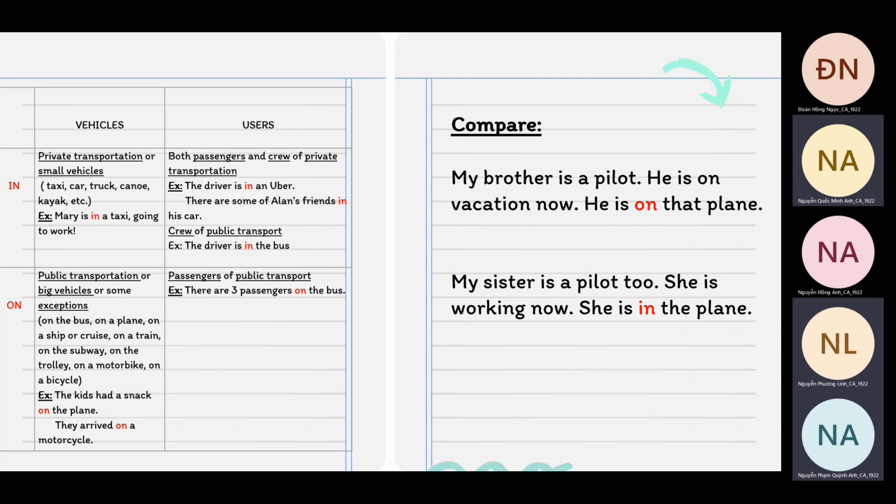In the first sentence, the pilot on the plane is actually a passenger. He's off duty. But in the second sentence, my sister can be the captain or the co-pilot in the cockpit, which means that she is on duty. So we have to use in the plane.